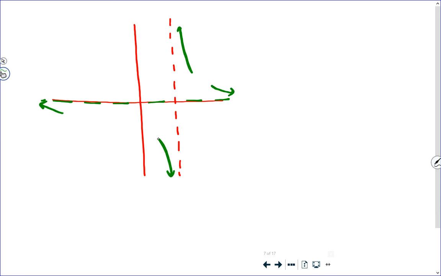We can't really be sure what it's doing in between. We would have to look at more information like x-intercepts and if there are max-mins and all that stuff.